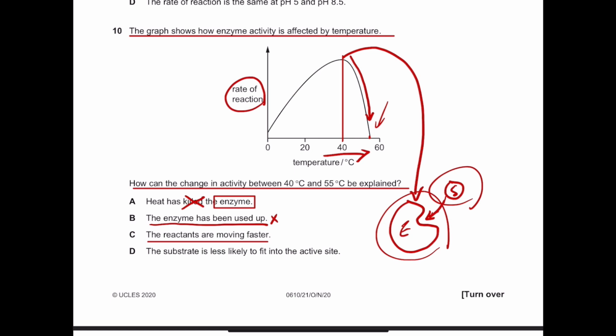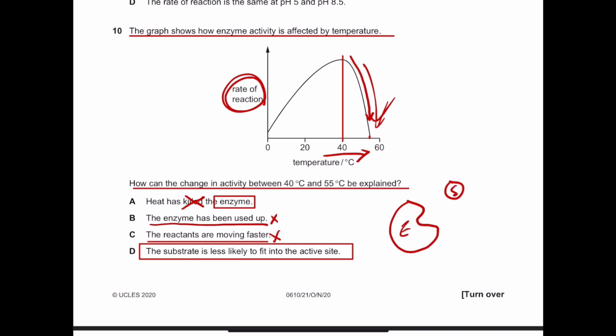So C is not the right answer as well. So D, the substrate is less likely to fit into the active site. Yes, it is right, because the rate of reaction is decreasing, which means that the substrates are no longer fitting into the active site. So D is the right answer.